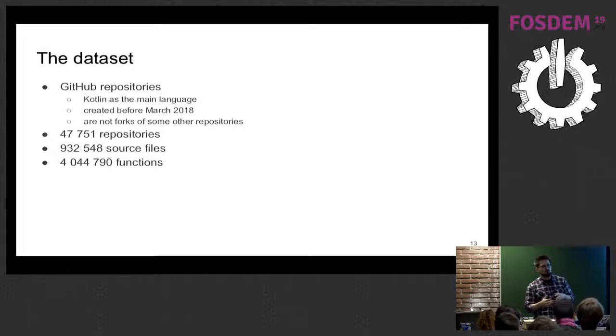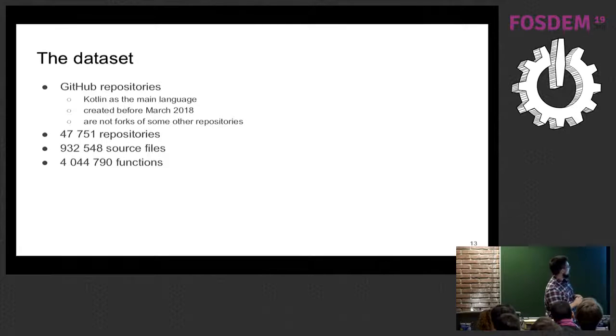Today, I'll talk about 3 experiments that we've performed last year. Well, now the data is different. For example, since last year, the amount of Kotlin code on GitHub has doubled. But anyway, we fetched all repositories that stated Kotlin as their main programming language, that were not forks of any repositories, and that were created before March.